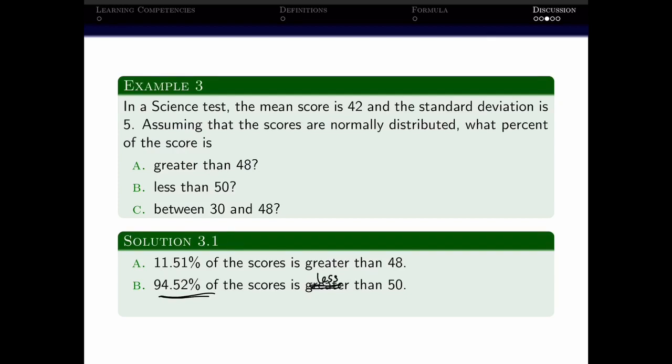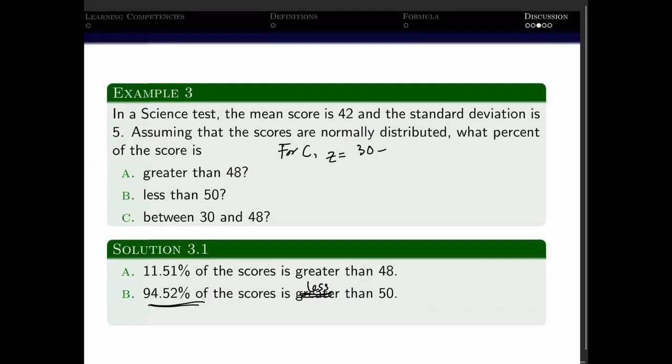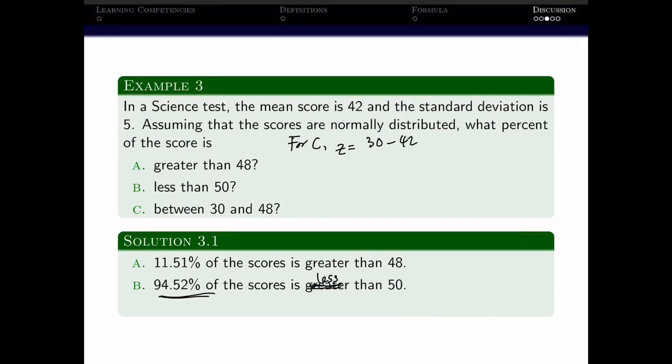Now let's solve for letter C, between 30 and 48. For letter C, we convert 30 and 48 to their z-scores. So z is 30 minus the mean 42 over standard deviation 5, negative 12 over 5, equals negative 2.4.